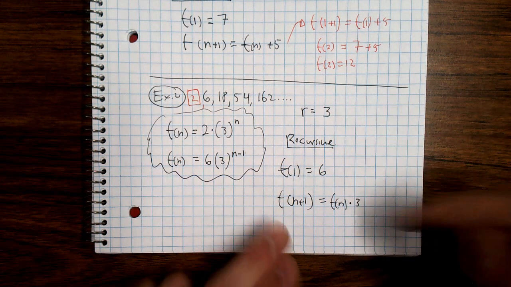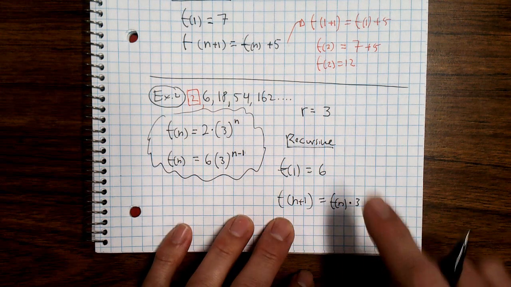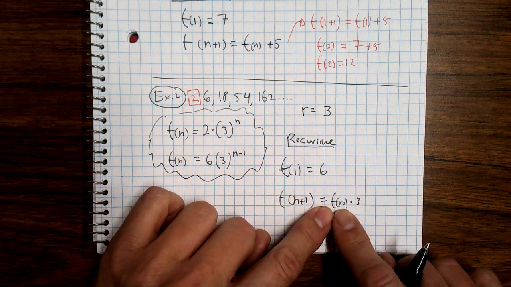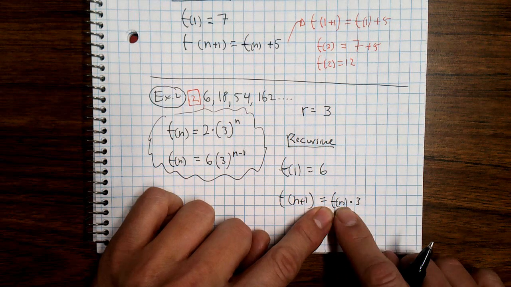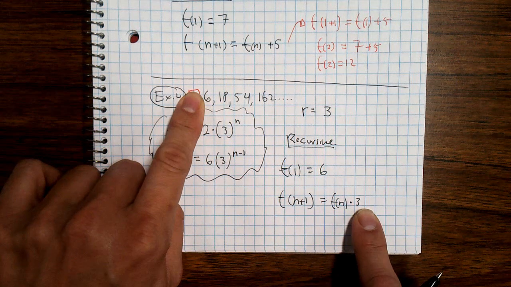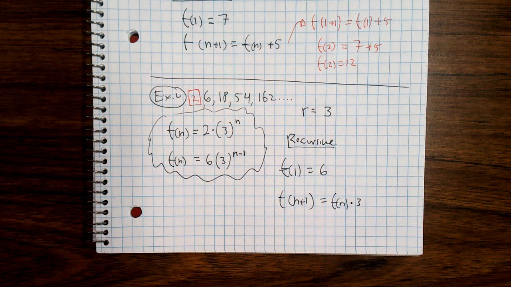And that's your recursive equation. So it's the same thing. You list the first one, you write down n plus 1, and then you just T of n times 3. Whatever your first term is, which is 6, that 6 times 3 will give you 18. And that's how it works.